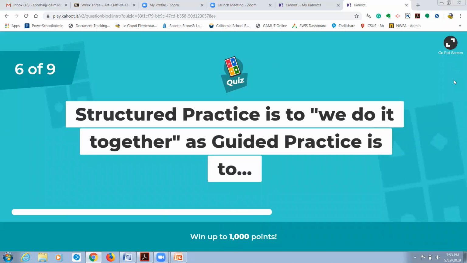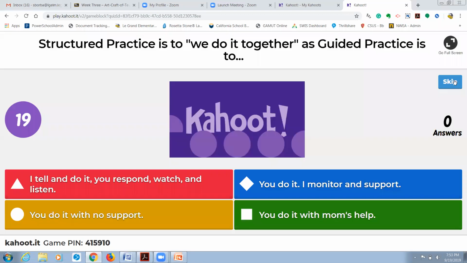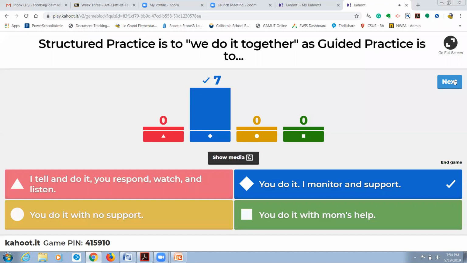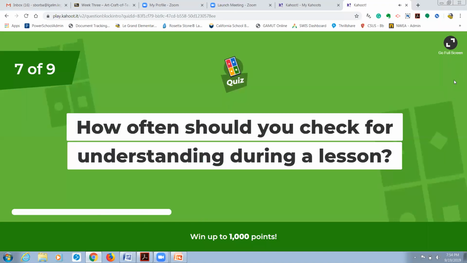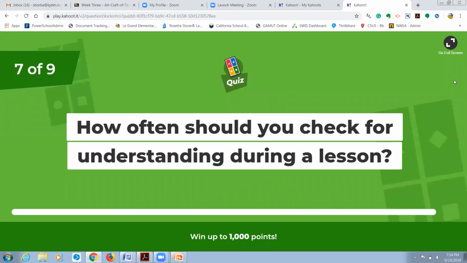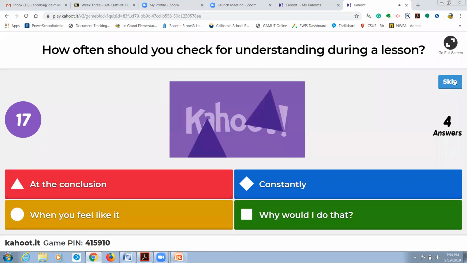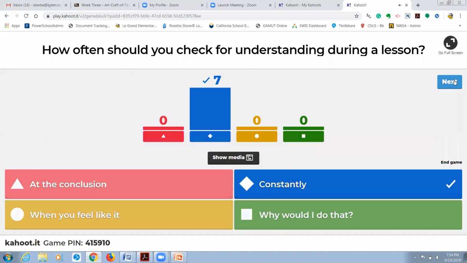Structured practice is to we do it together, as guided practice is to... How often should you check for understanding during a lesson? Constantly, always assessing.